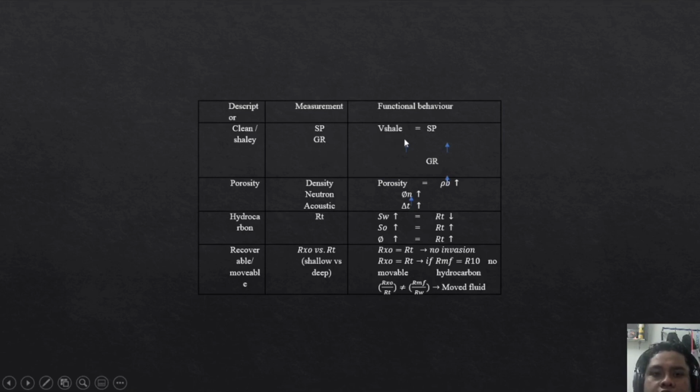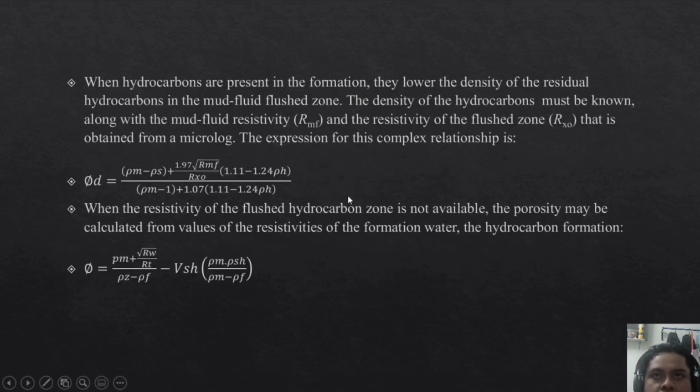When V shale increases, so do the SP and GR. For the porosity, there are the density, neutron, and acoustic logs. When the porosity increases, the rho b decreases, and the neutron porosity and delta t also increase. For the hydrocarbon, the measurement is Rt; when the viscosity of water increases, so does oil, and as porosity increases, Rt would decrease, increase, and increase. This is basically the summary of those 3 points.